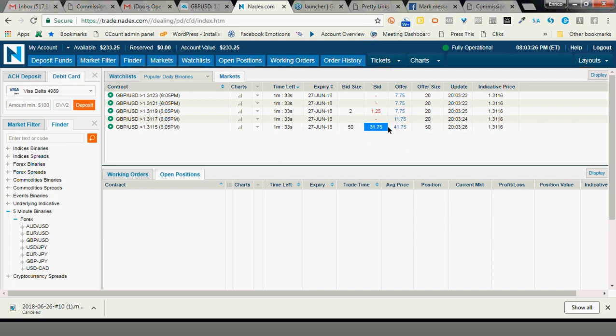Now they're even under 31.17. 31.17 no longer has a price. 31.15 should show some strength because that's a number people will think about.